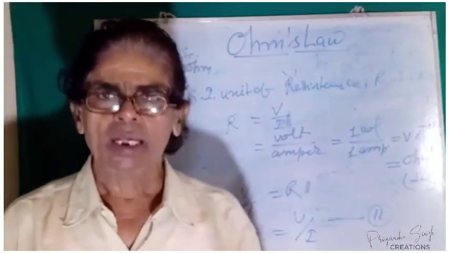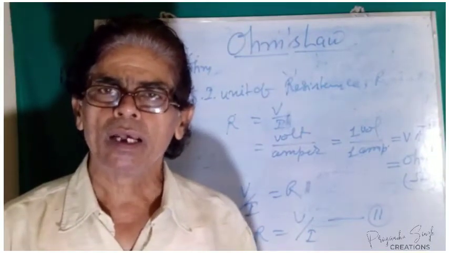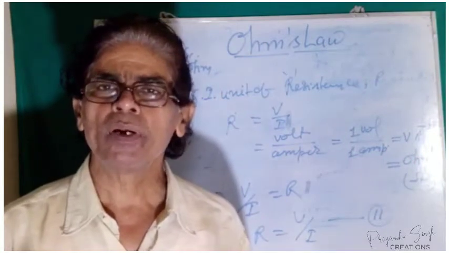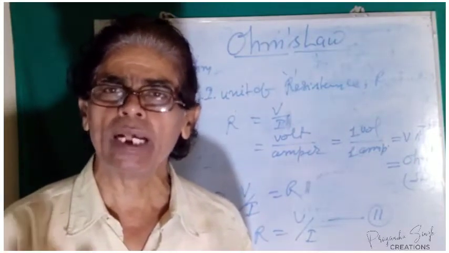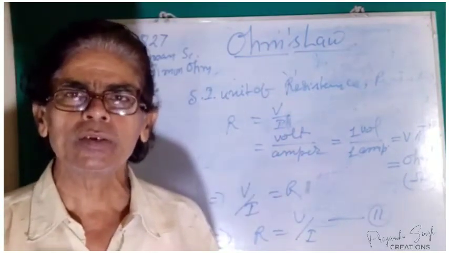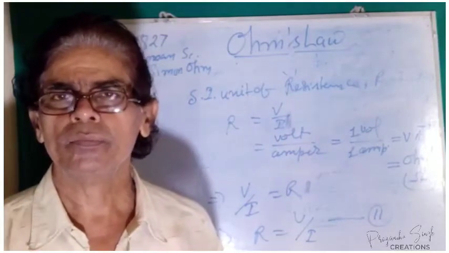So when a current of 1 ampere is passing across the resistor having potential difference between the ends of the conductor 1 volt, then the resistance of this conductor is said to be 1 ohm.